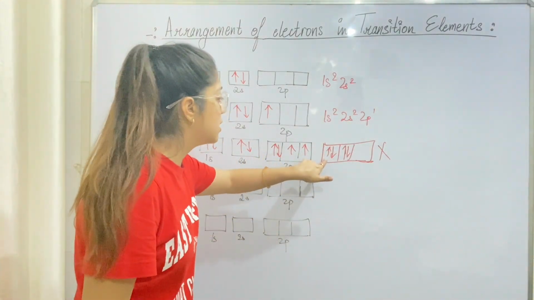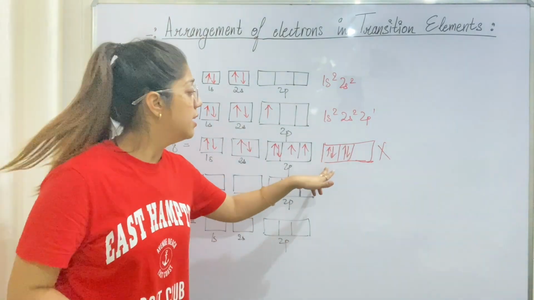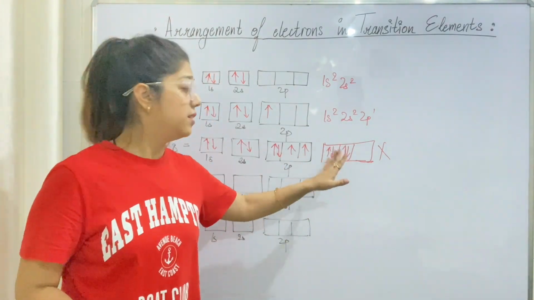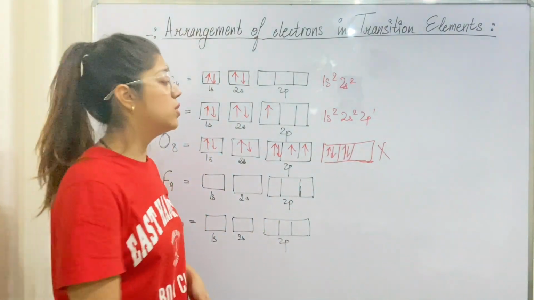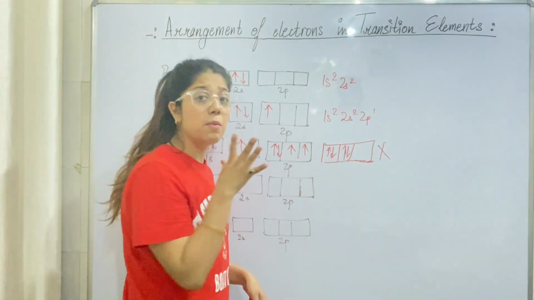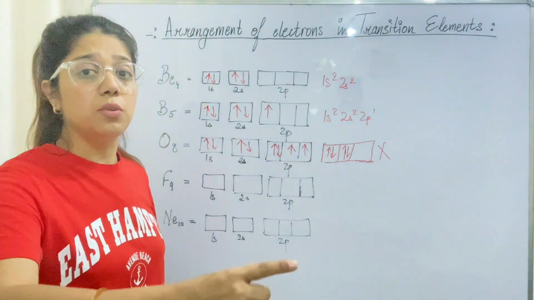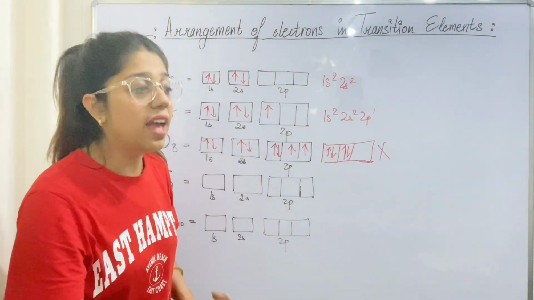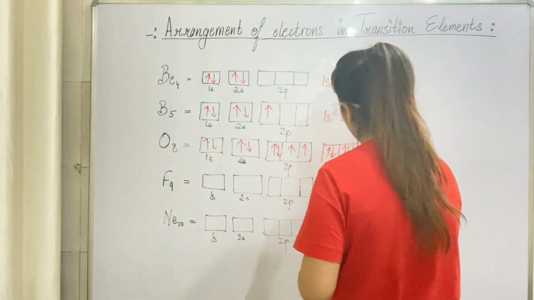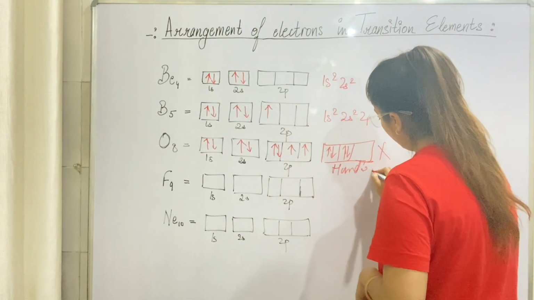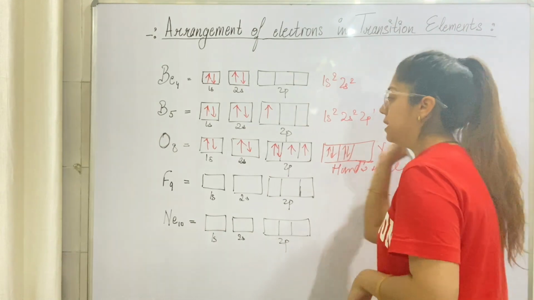It cannot happen that two electrons are present in the first one, and the third one is empty. No, that cannot happen, because these have the same energy. So electrons will be distributed in all 3 first and then only pairing will start. So this is known as Hund's rule of maximum multiplicity.